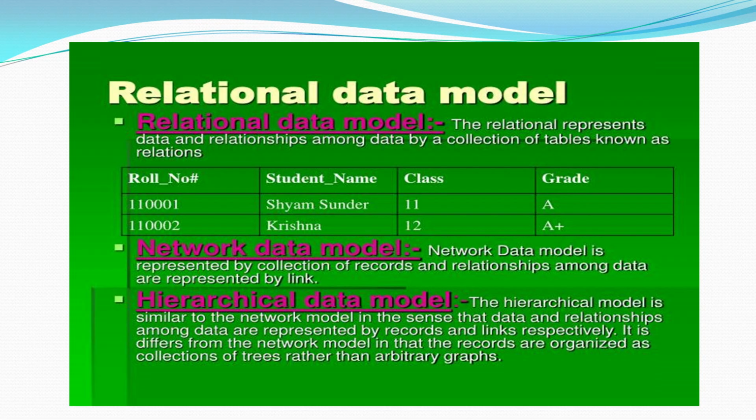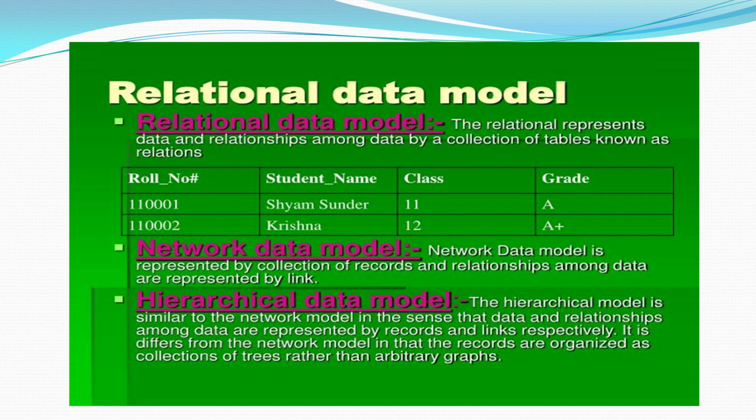The first row consists of the field names or attributes, while the other 2 records are stored in the table. The first row shows information about the student having roll number 111001, while the second row shows the information regarding the second student having roll number 111002.